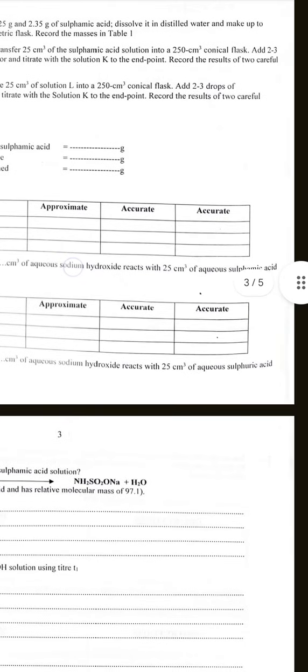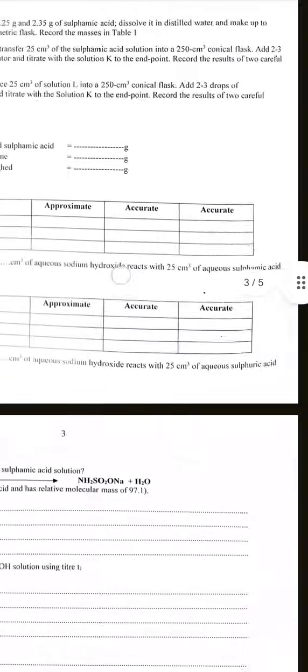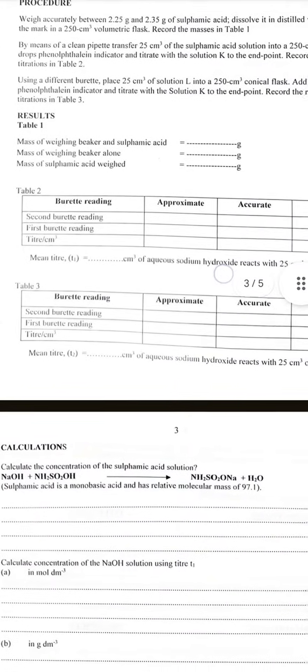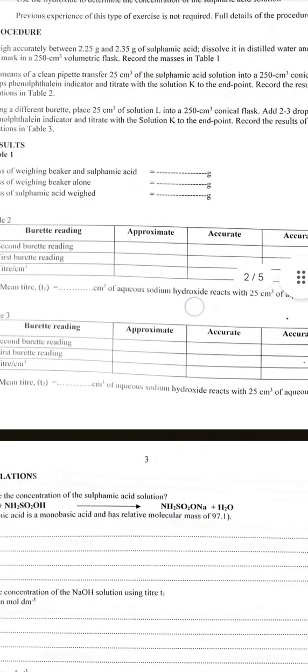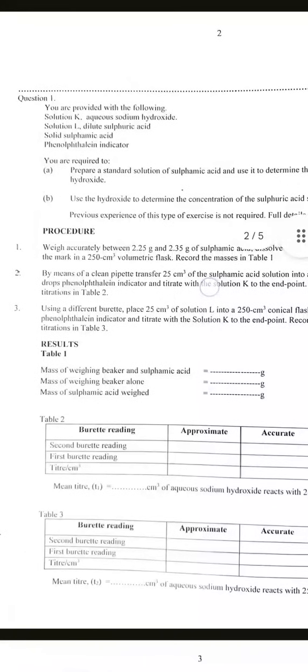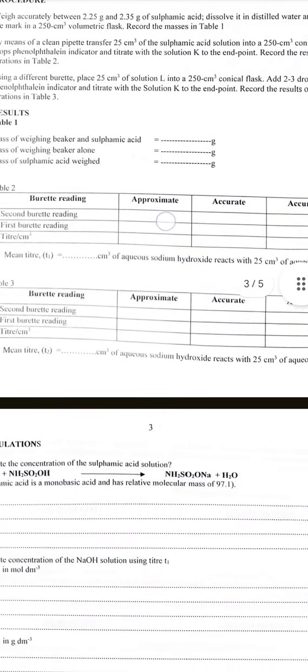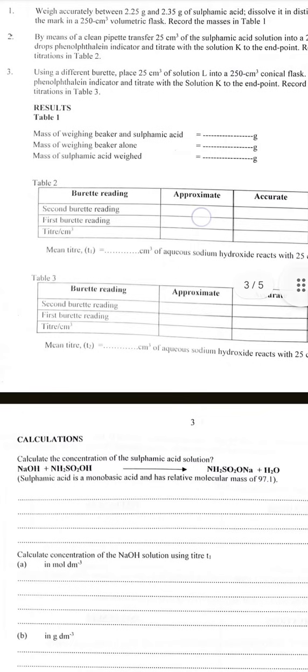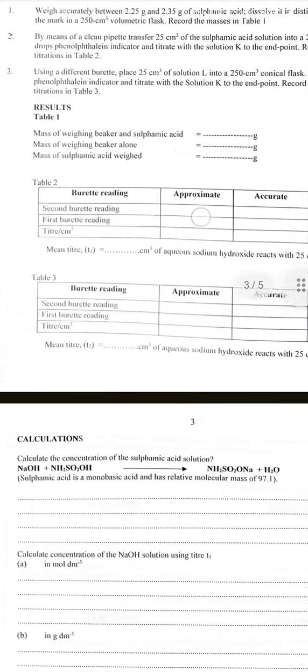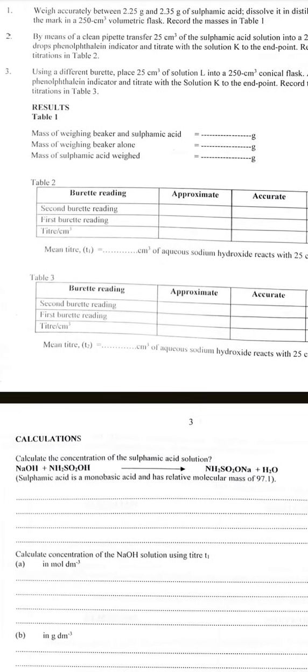You add 2 to 3 drops of phenolphthalein indicator and you titrate with solution K. Solution K is aqueous sodium hydroxide, and it is still in the burette. The base is in the burette and the acid is in the conical flask.